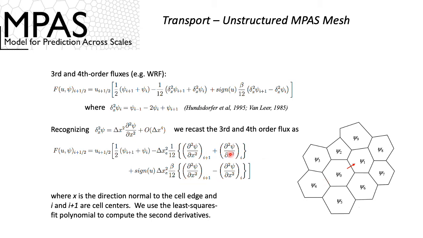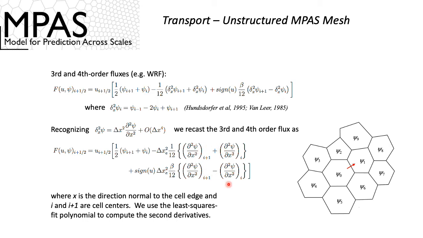So we move to defining these as continuous derivatives, and then we approximate these continuous derivatives using a least squares polynomial that we've computed, and then we take the derivative of that polynomial.